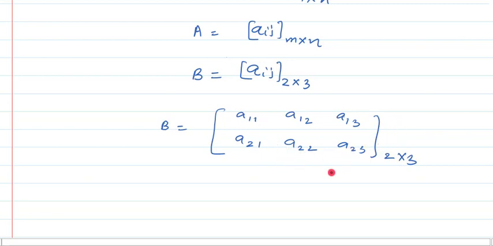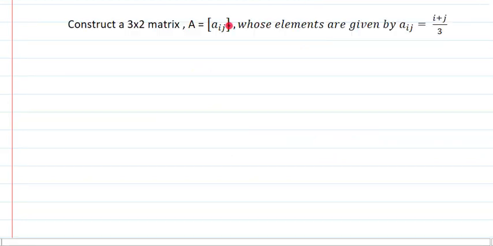Now let me take one question to show you how to solve problems based on this type of concept. The problem is, construct a 3 by 2 matrix A is equal to aij, whose elements are given by aij is equal to (i plus j) upon 3.